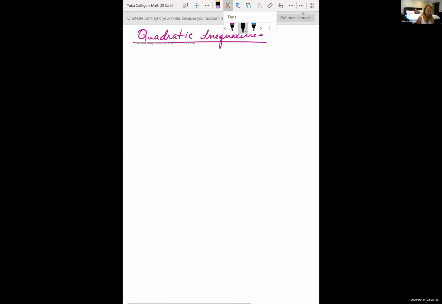Your book, though, basically has two different methods that you can look at. So when you're solving a quadratic inequality, one method, maybe just called method A, doesn't matter what method, it's just a method: get everything to one side of your inequality.